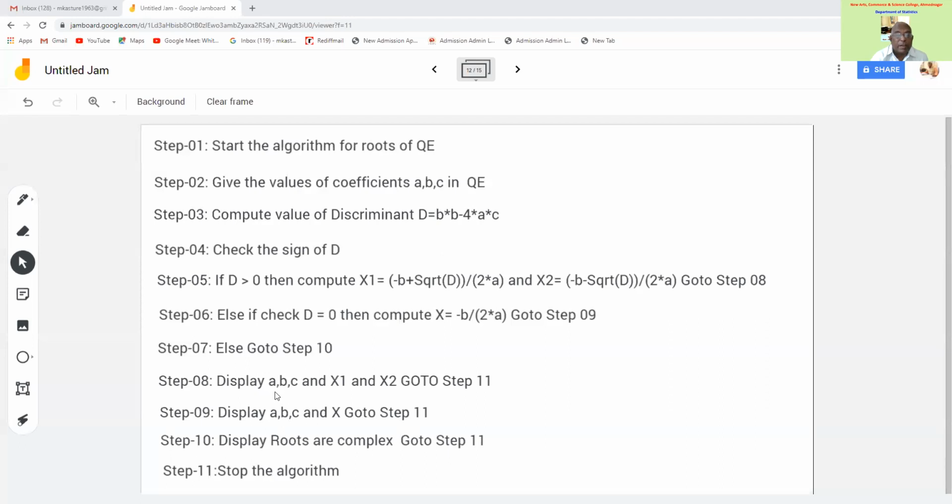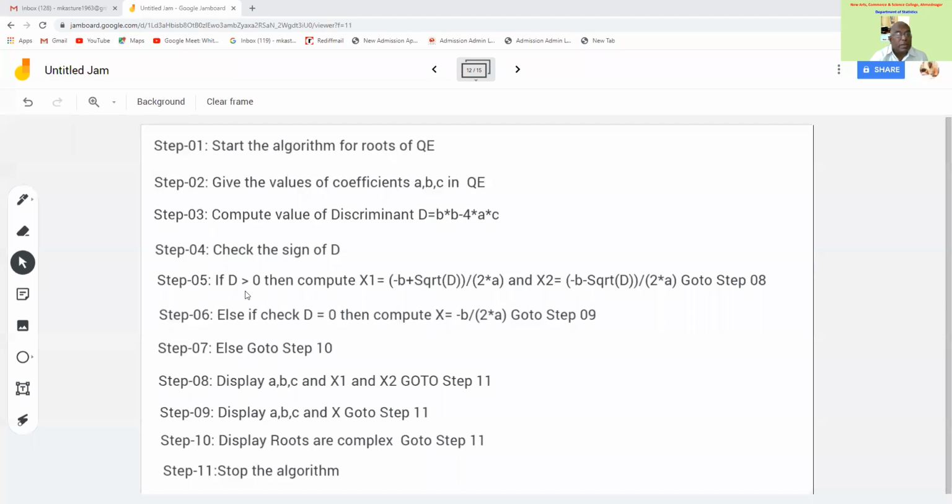So we are displaying here input and we are displaying here output. And after that, we are going to step number 11. That step number 11 is the end of the algorithm. So if d greater than 0, we are performing only one action.